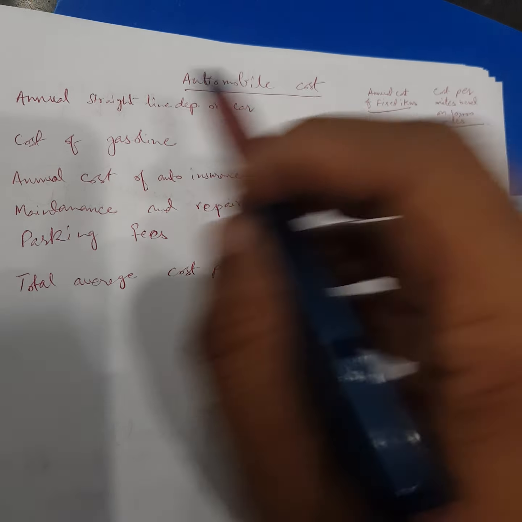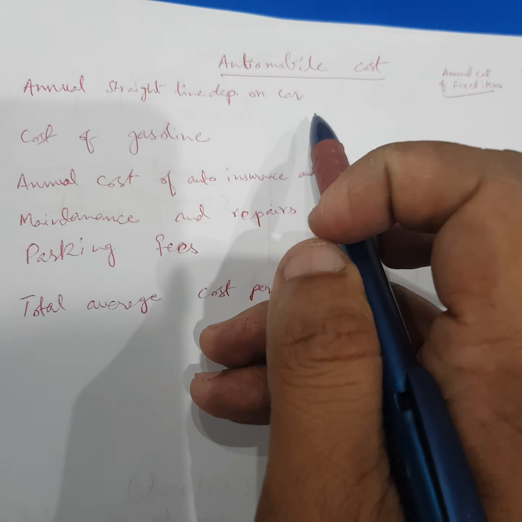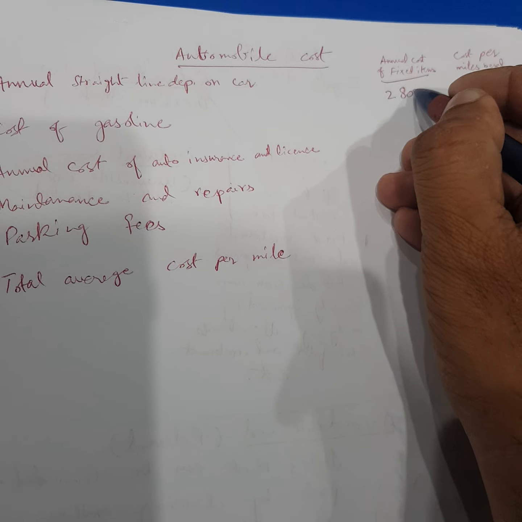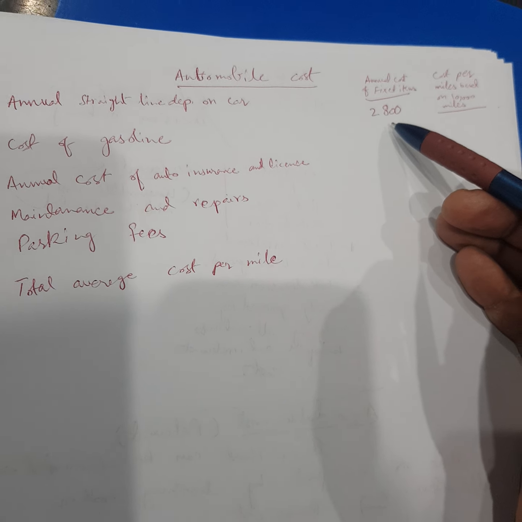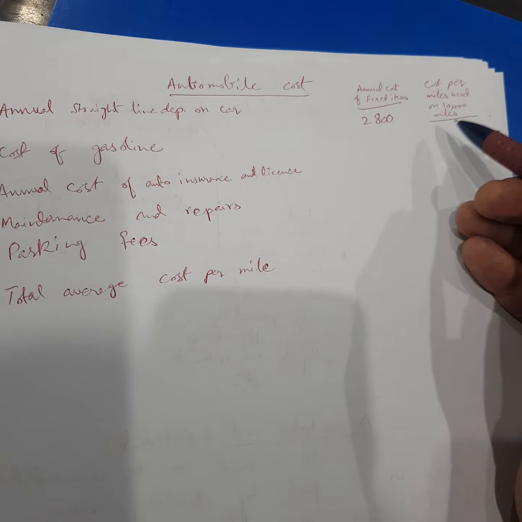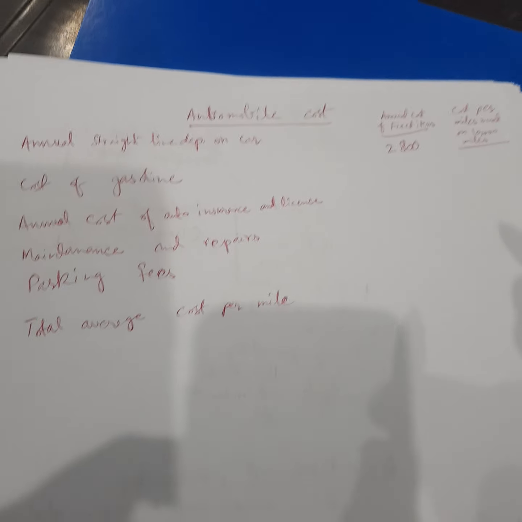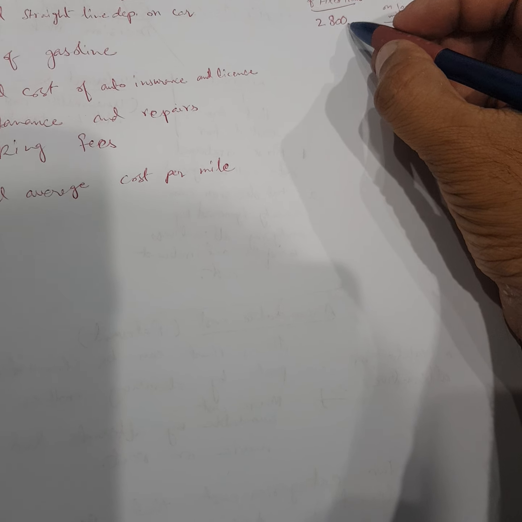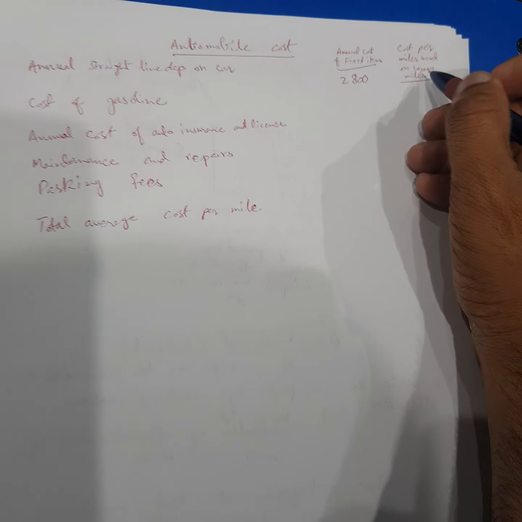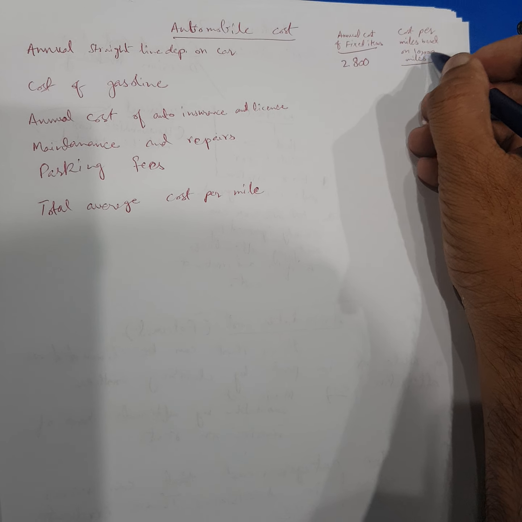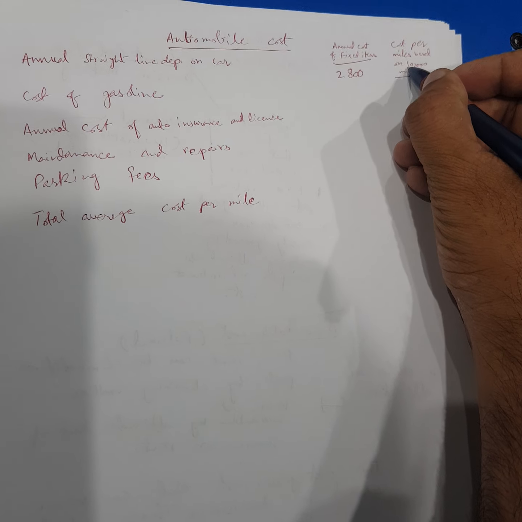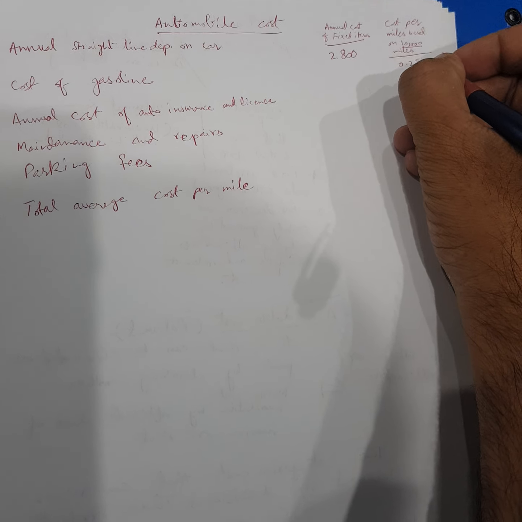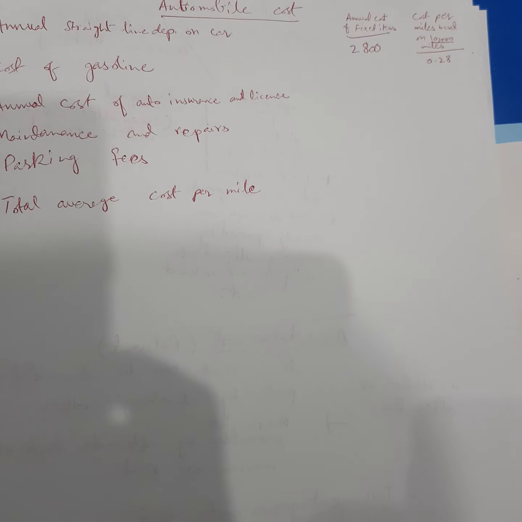The first one is annual straight line depreciation on car. If we decide that we have 2800 rupees fixed depreciation on car, but if we want to use different cost for different purpose, we convert this 2800 fixed cost by using the per units of production method. By using 10,000 miles, our per mile depreciation will be calculated as 0.280.